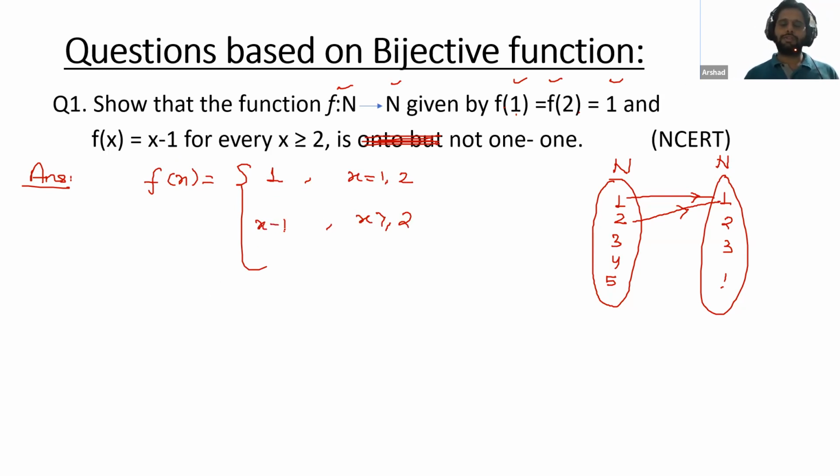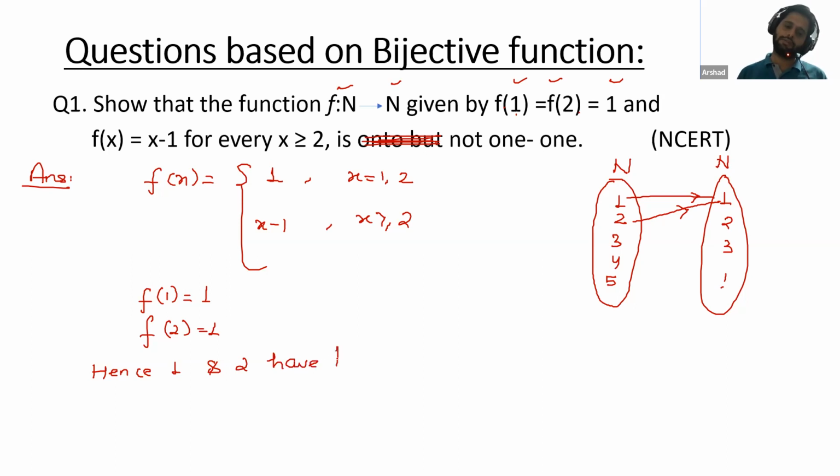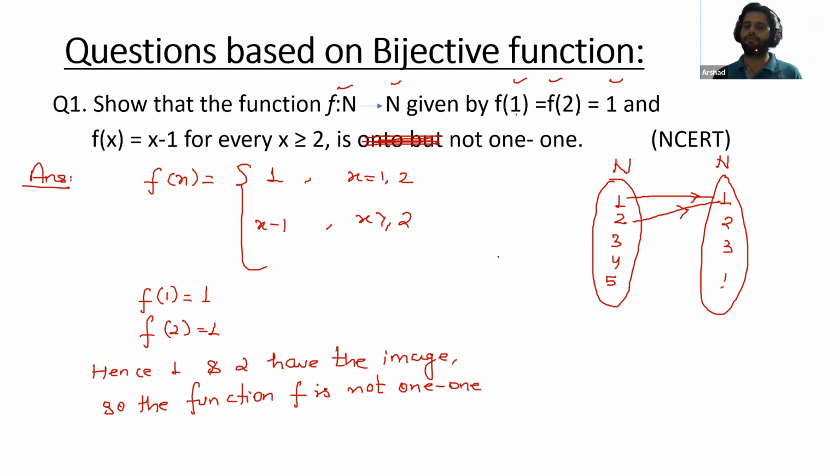So we can write f(1) is equal to 1, f(2) is equal to 1, hence 1 and 2 have the same image, so the function f is not one-one. Is this clear, Atif, Huzefa? Okay, very good. So note this down, then we will end our class.